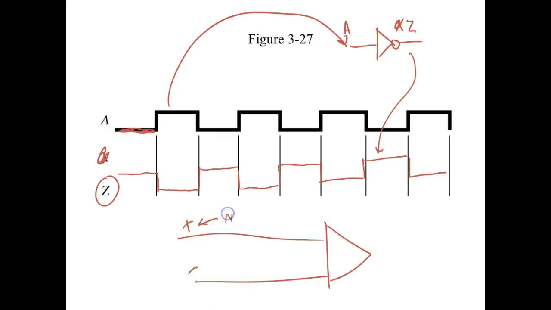This is the non-inverted, and then this right here would be the inverted. So we get problems with people seeing this as a plus and a minus, right? You understand? But it's a symbol.